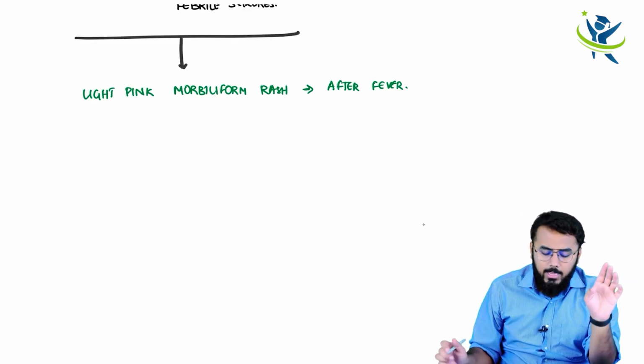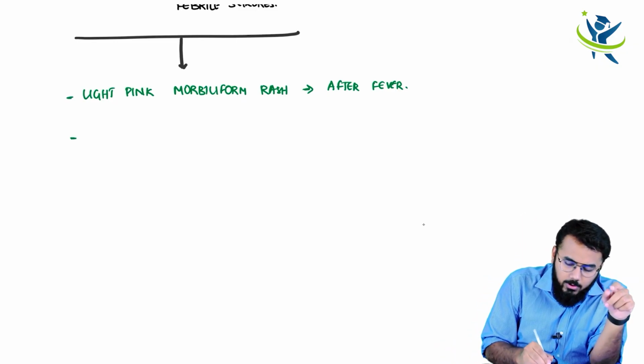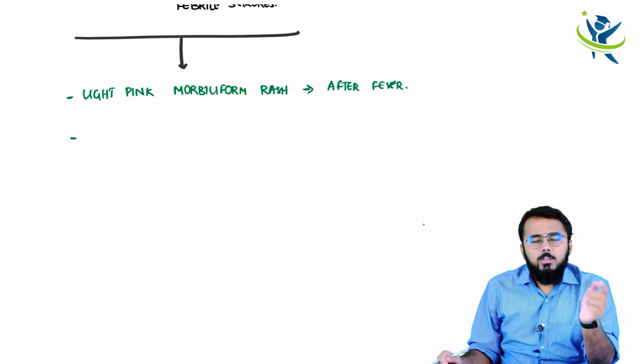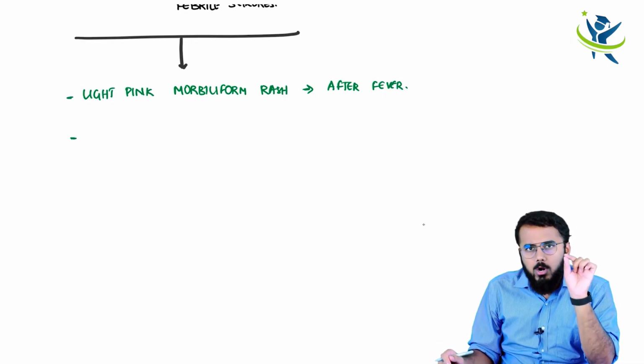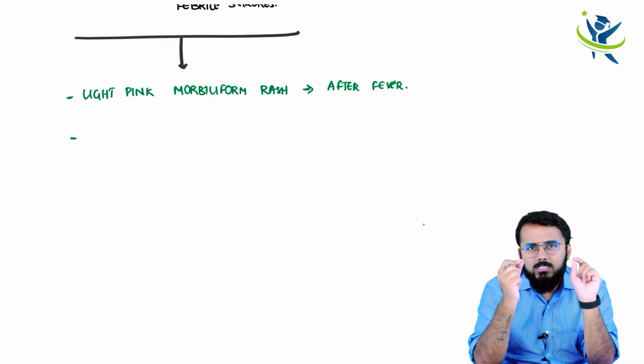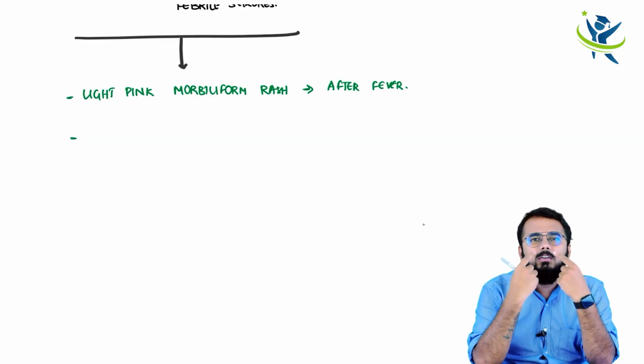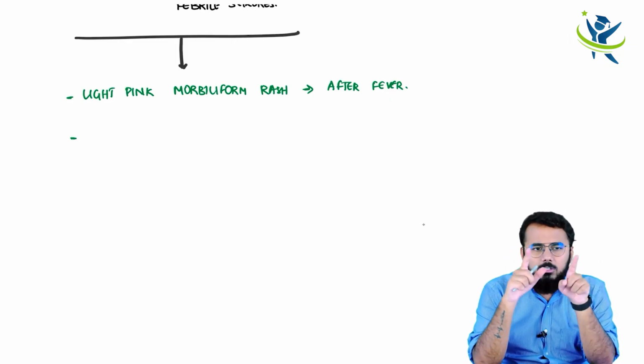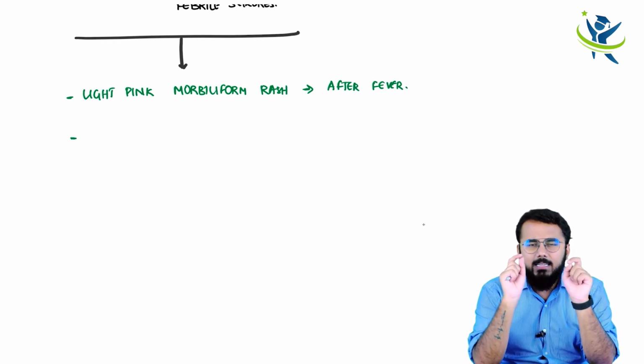That's not an issue. Along with the rash, you will also see another important thing. You will see erythematous spots, some red color spots, guys, some red color spots you would see on the oral cavity, within the tonsillar region, within the pharyngeal region. When you open the mouth, on the tonsillar region, you will see some bright red color spots.